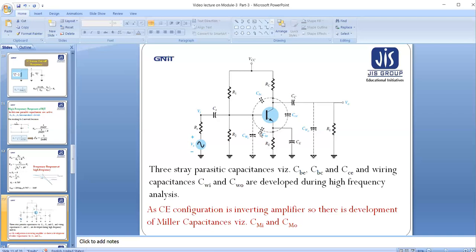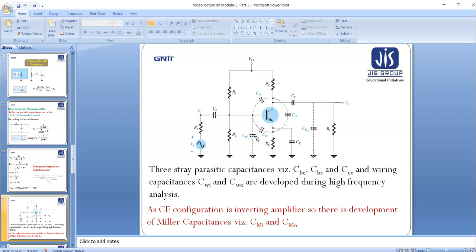Now let us distinguish between the parasitic capacitance and the wiring capacitance. Parasitic capacitance means these capacitances are inbuilt into the transistor fabrication. But as their values are very small, in the picofarad range, they will only be active during high frequency signal propagation.